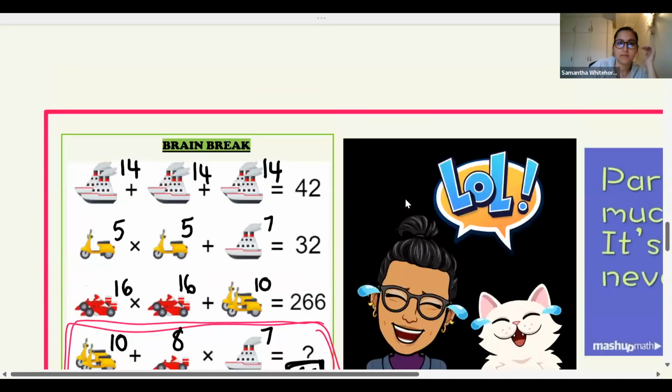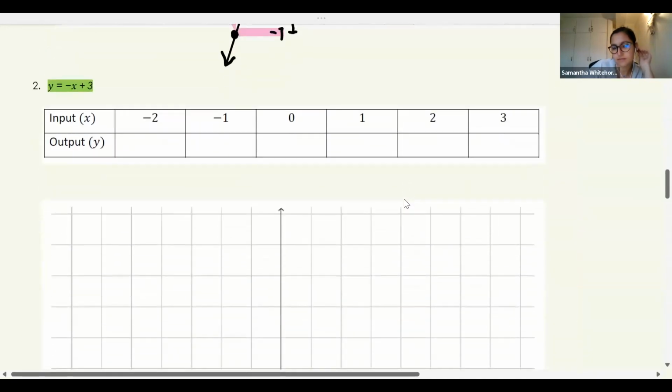Please don't feel obliged. It will be nice for you to take part, because it's really an interesting thing to do. Teacher Sam does make an effort to get these brain breaks, so we definitely need to do them. Sometimes it will change, sometimes it won't change.